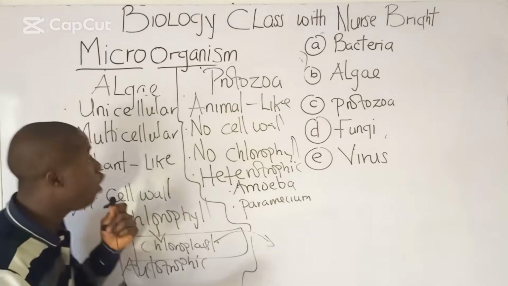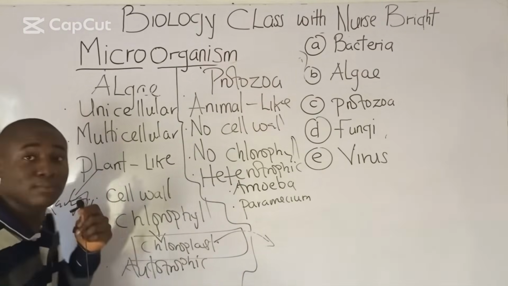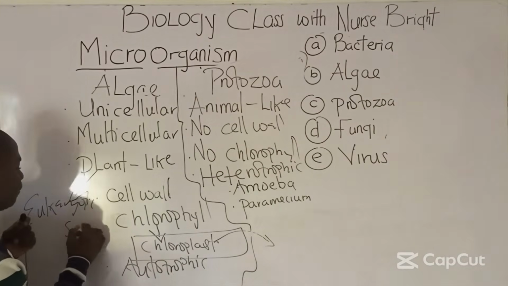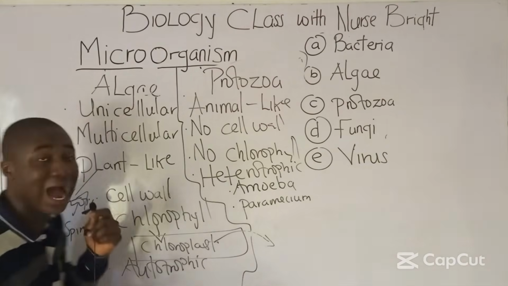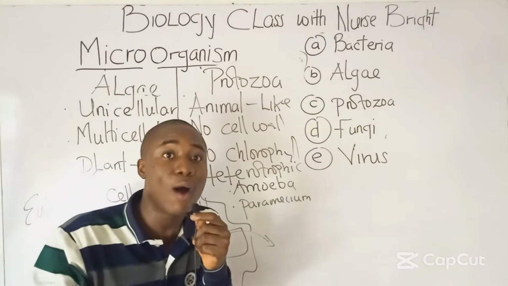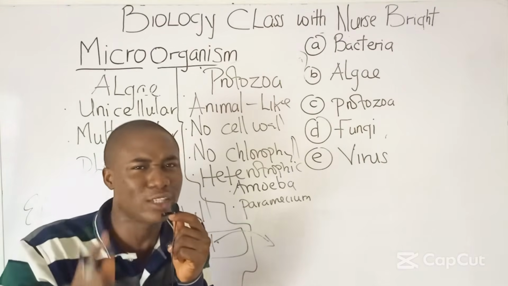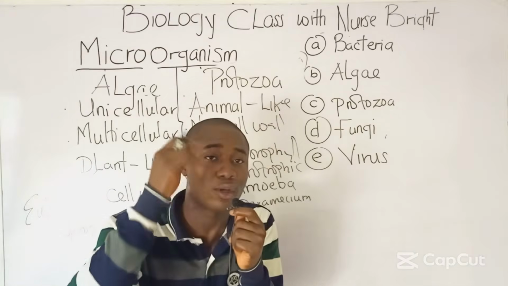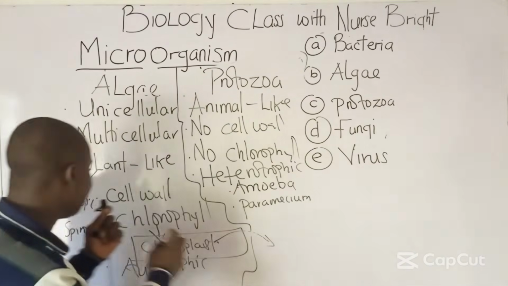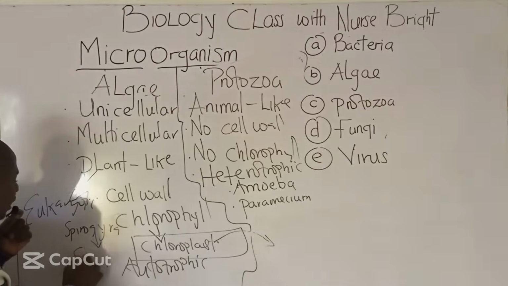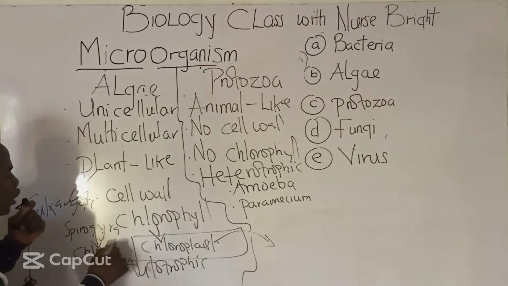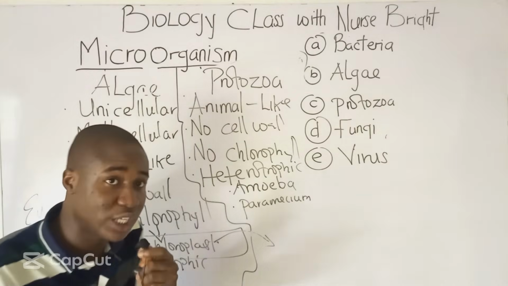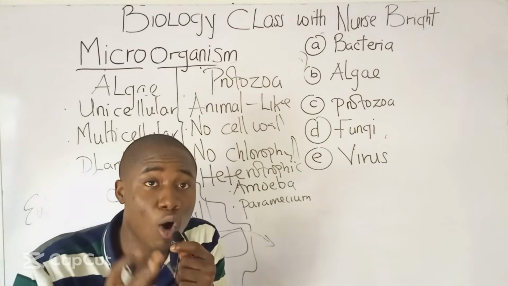Now, going back to algae, we have various examples like Spirogyra. Spirogyra is an algae, specifically a green filamentous algae. Since it's a green algae, it belongs to a division called Chlorophyta.